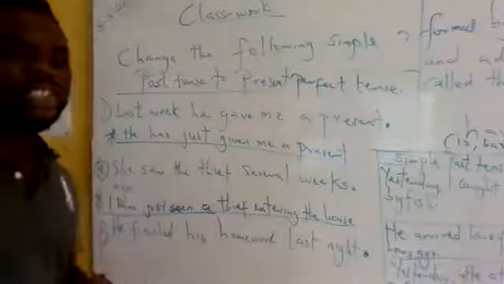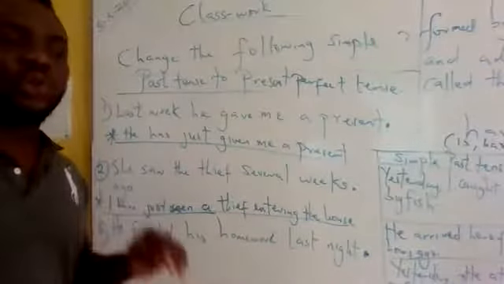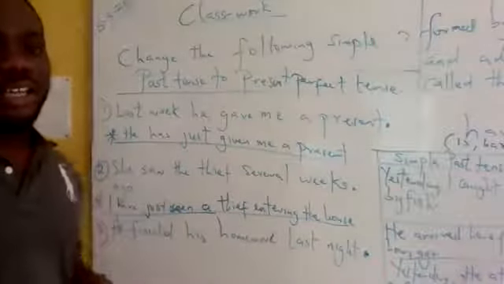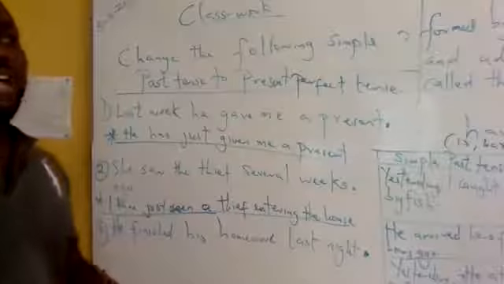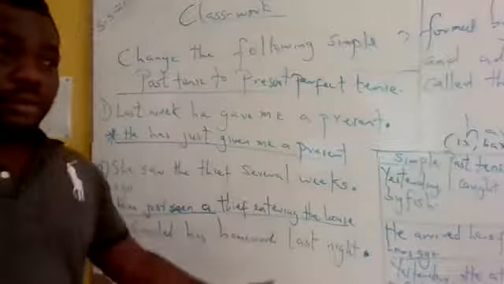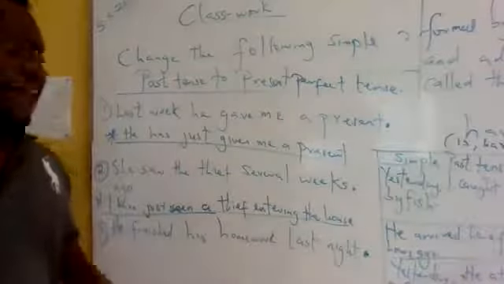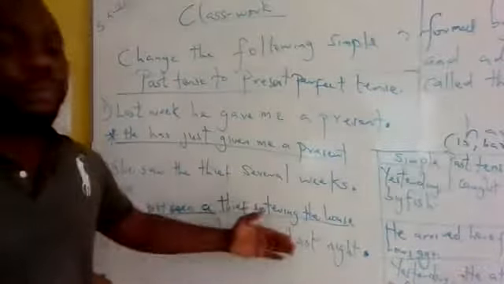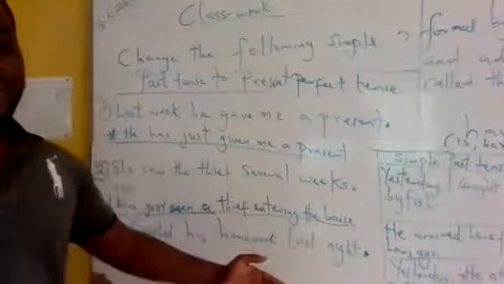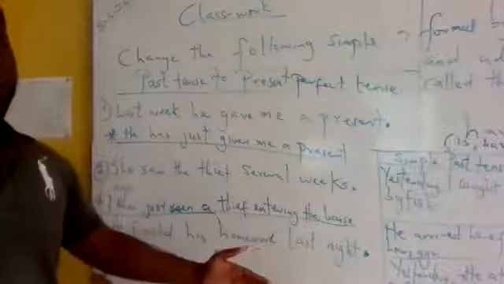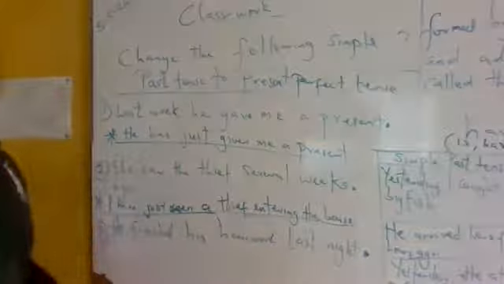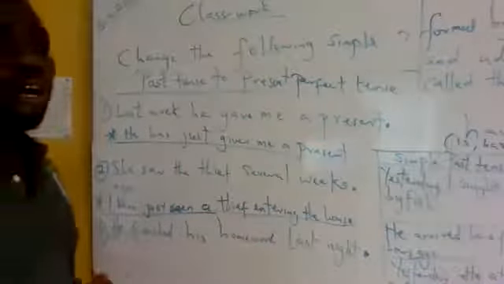I have just seen the thief that stole the car. I have just seen the thief that burgled the house. Do you understand? The other part of the sentence does not necessarily have to be what is in the simple sentence.